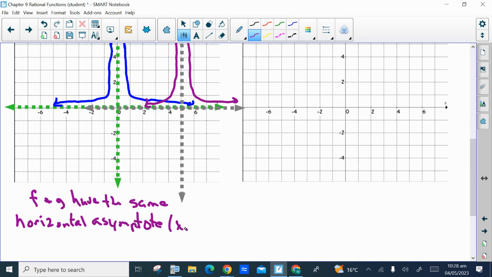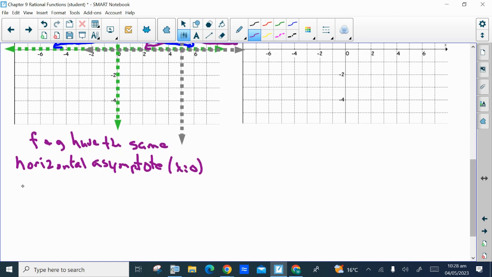That is the line x equals 0. Another similarity that these graphs share is that f and g is always greater than 0. They're both above the x-axis. So those are two similarities.